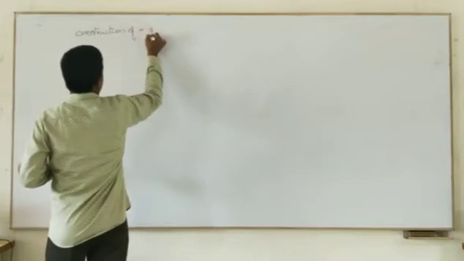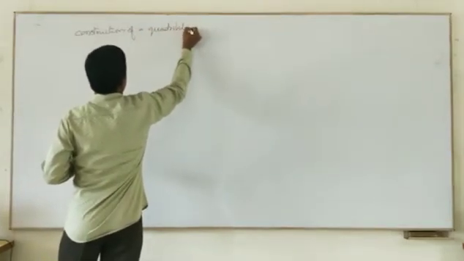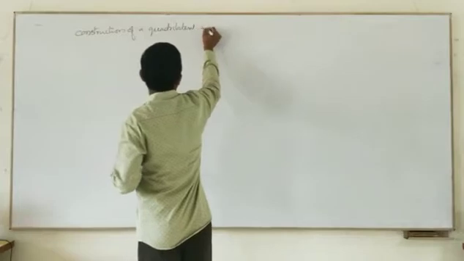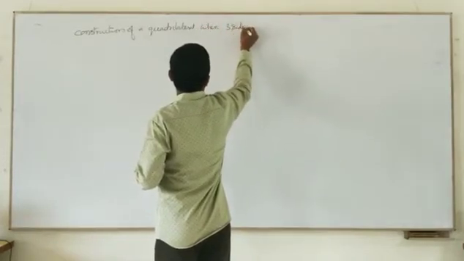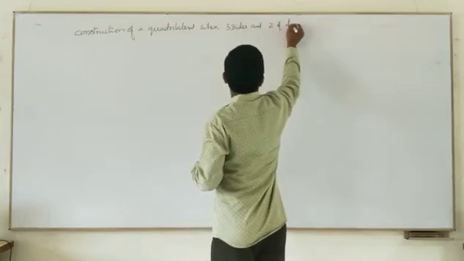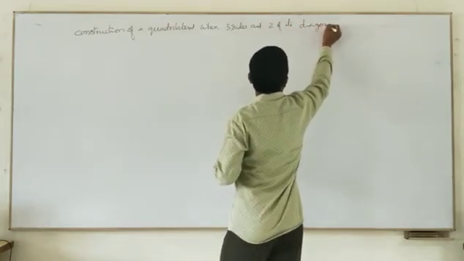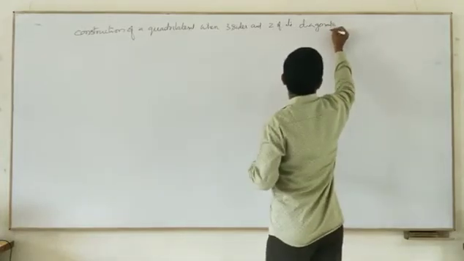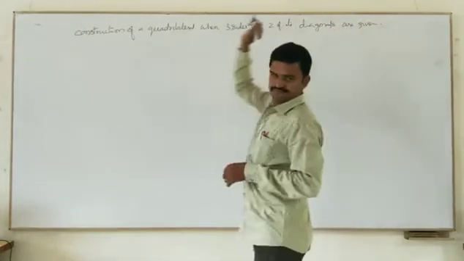Construction of a quadrilateral when three sides and two of its diagonals are given.